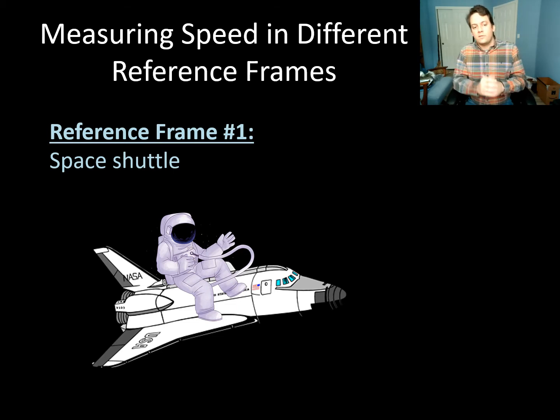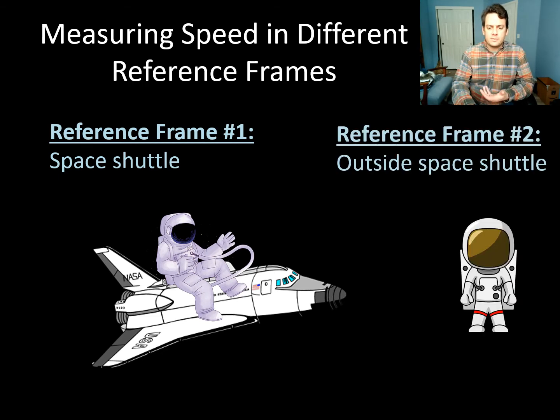So let's consider first the reference frame of a space shuttle. We've got an astronaut, not drawn to scale, obviously, sitting out here taking a spacewalk or space ride on the top of his space shuttle, and he's going to look at something out in space. And we've got a second reference frame where the second astronaut is just floating out in space.